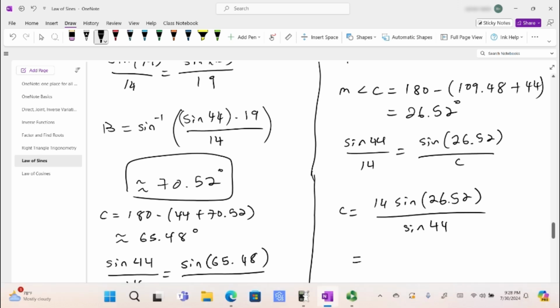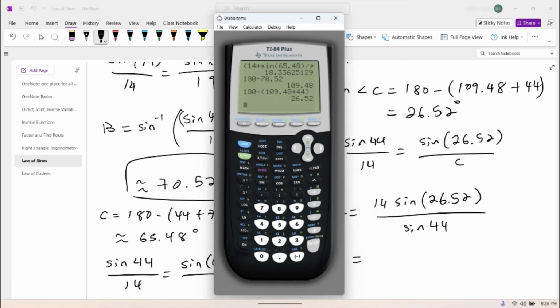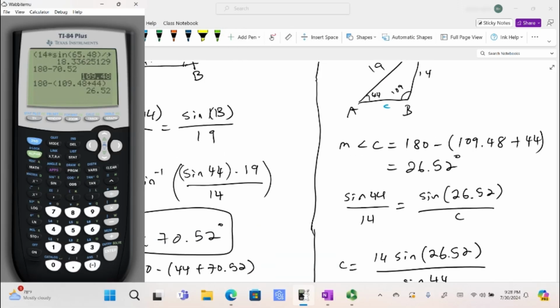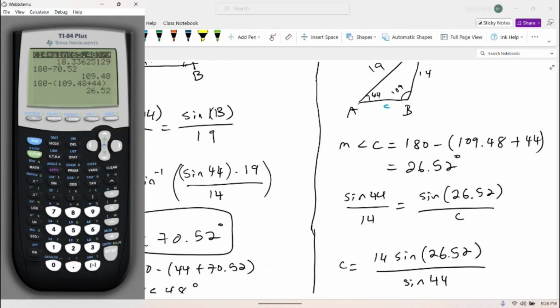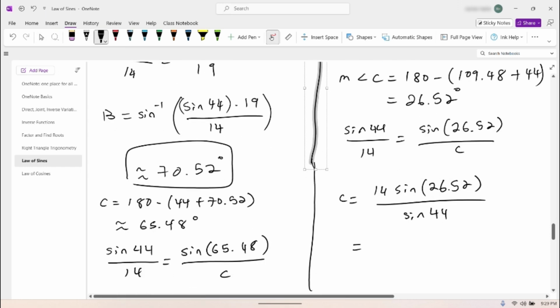This equals, using our calculator, 14 sine of 26.52 over sine of 44. So it's approximately 9 units. That means c equals 9. It's very close to 9 units.